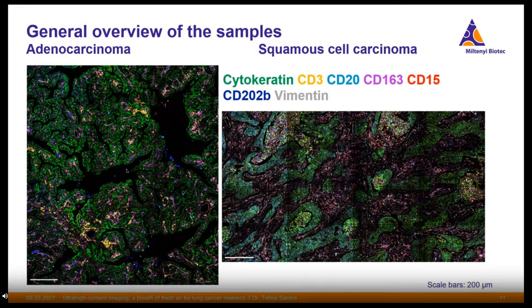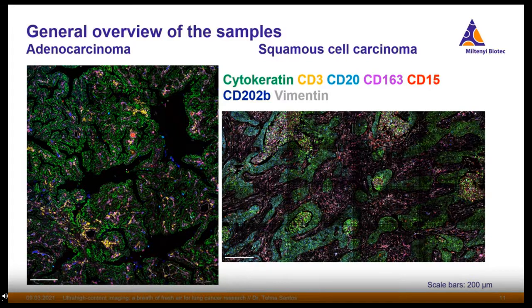So I will start with the general overview of the sample. Basically, what I made here is a composite with 7 markers to identify the 6 most commonly described cell populations in this kind of tumor sample. On the left, you'll always see the adenocarcinoma, and on the right, the squamous cell carcinoma.